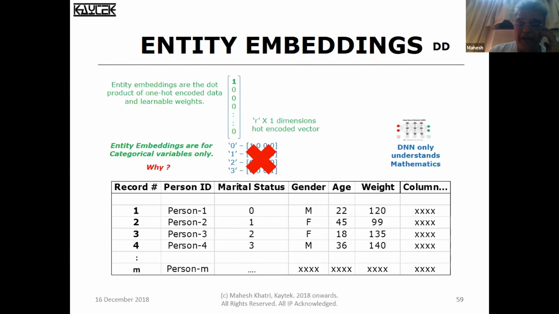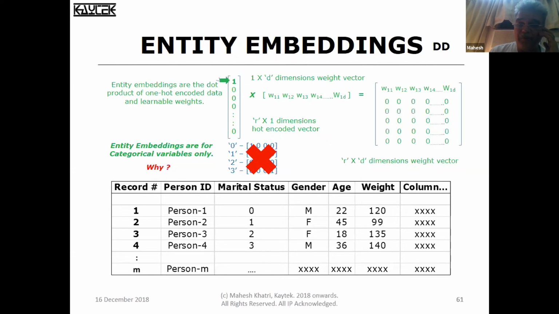So if this is my R rows by a single column vector, and I multiply this by different weight dimensions, so I have multiple column weights and one single row. Essentially, if my first value is 1, I will have the matrix as shown on the right hand side.